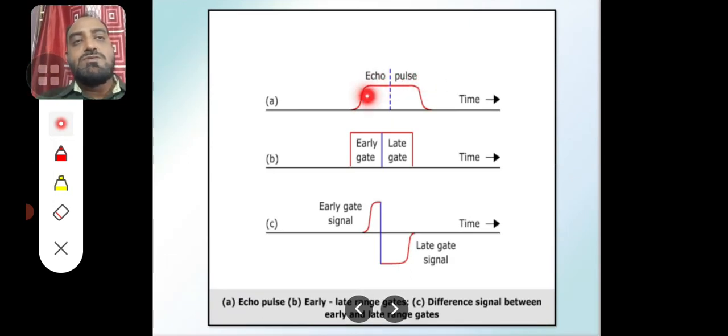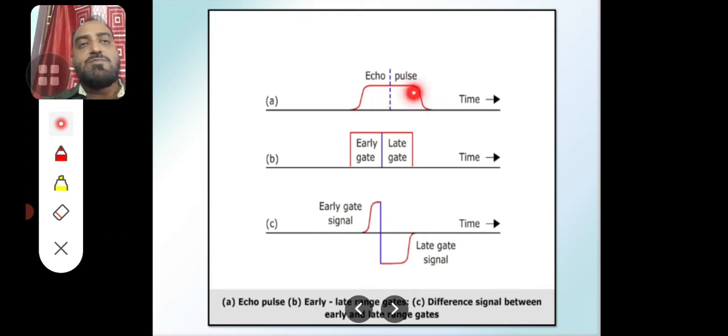Here, the echo pulse is like this. We will multiply the echo pulse with the early gate and the late gate, and take the difference of these two. This is the axis of the echo pulse.